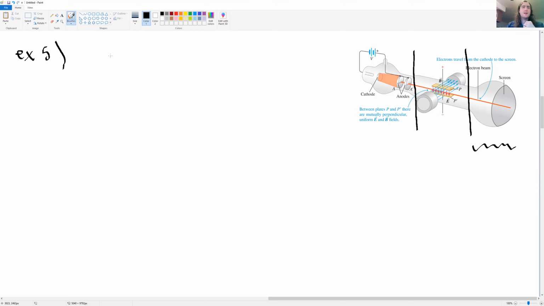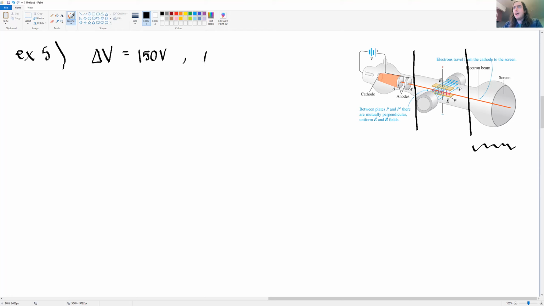And the idea here is that you could set up this sort of experiment and measure the charge to mass ratio. But we already know the charge to mass ratio for an electron because we know its charge and we know its mass. So anyway, assume that we have a potential difference that we use to accelerate these electrons of 150 volts.